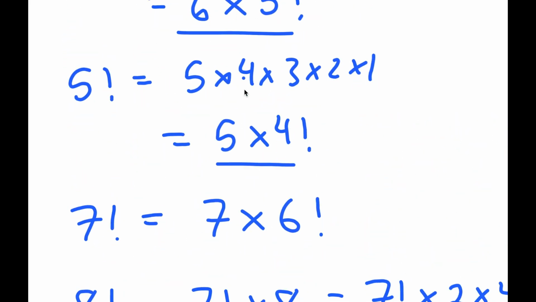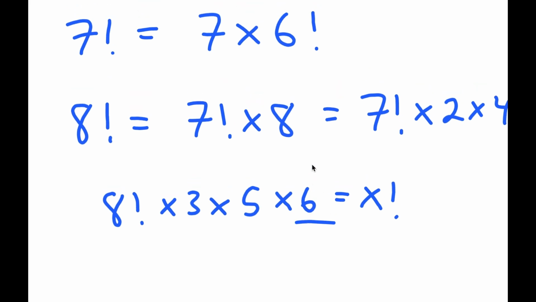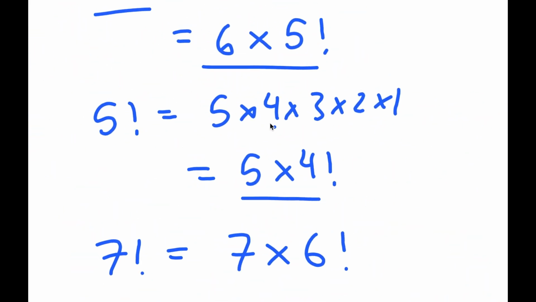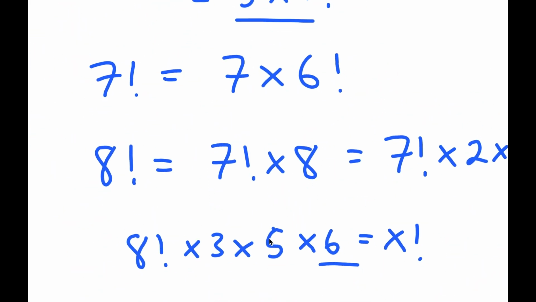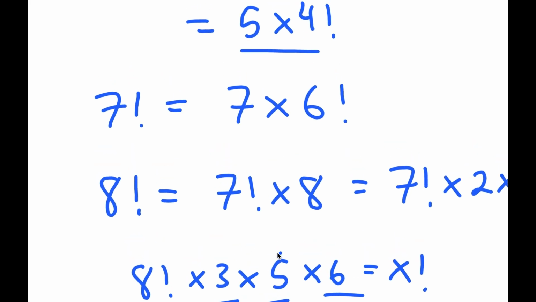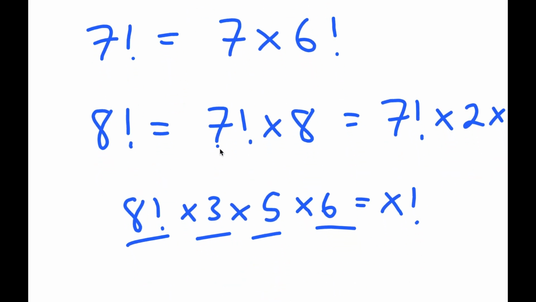And if we go back here, we have 6 here, which is the value of this, times 3 times 5 times 8 factorial, because 8 factorial is 7 factorial times 8.